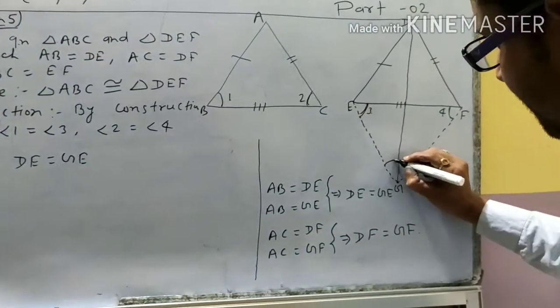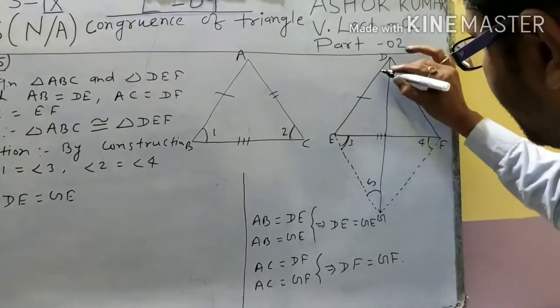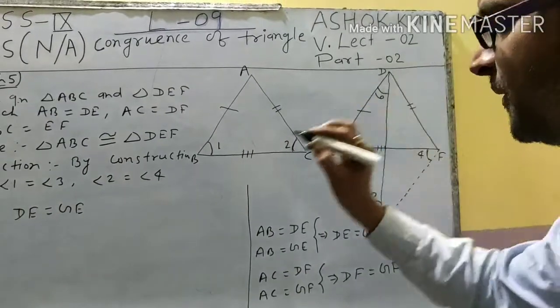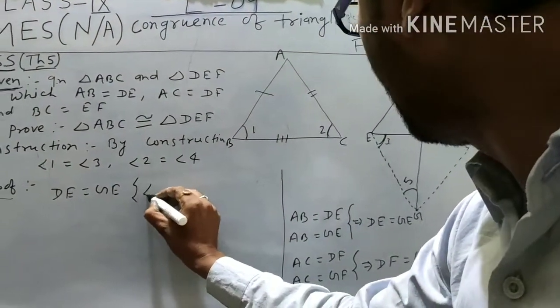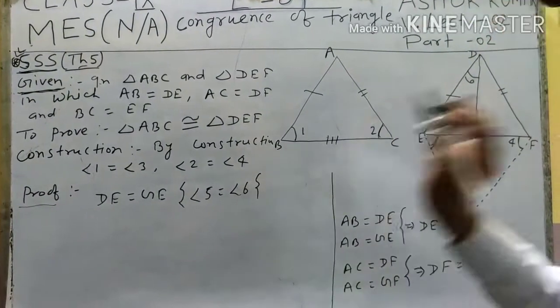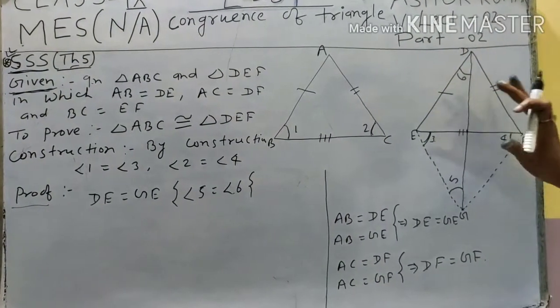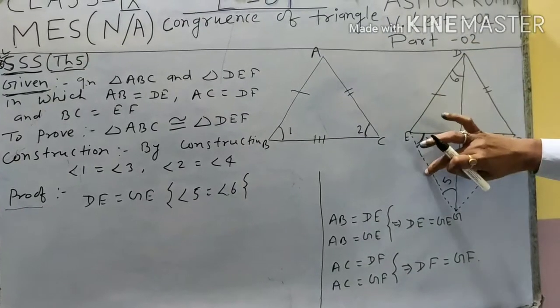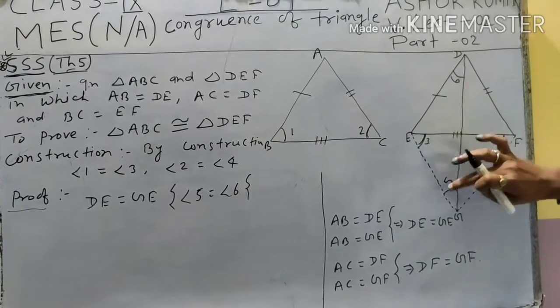So suppose student, this angle is 5 and this angle is 6. So we can write here angle 5 is equal to angle 6 by the isosceles triangle. We know that in an isosceles triangle, if two sides are equal, then the corresponding angles are also equal.